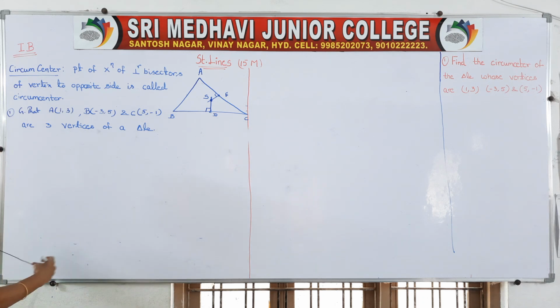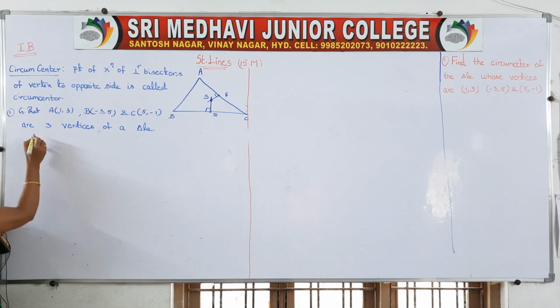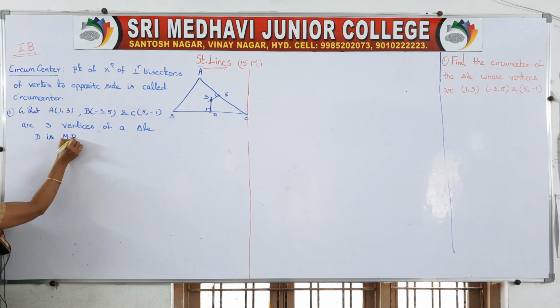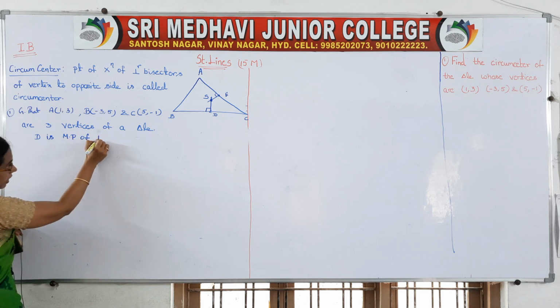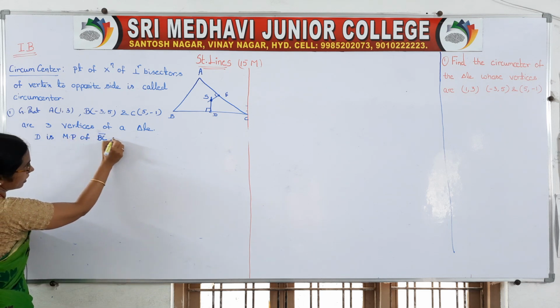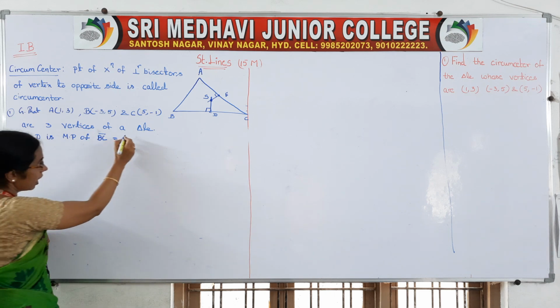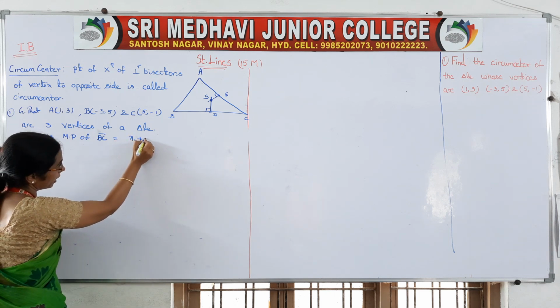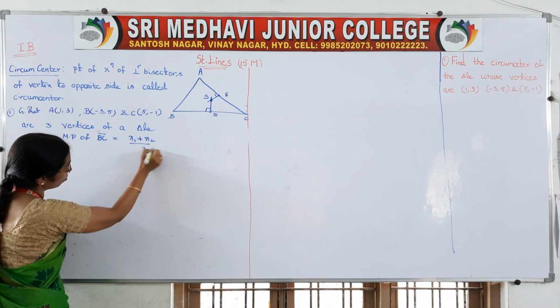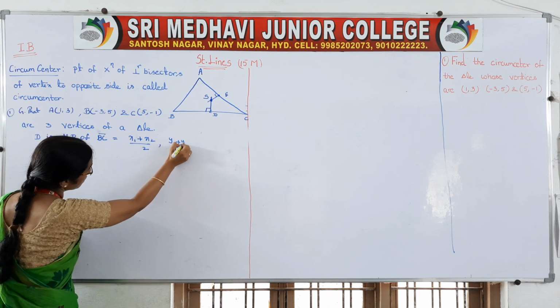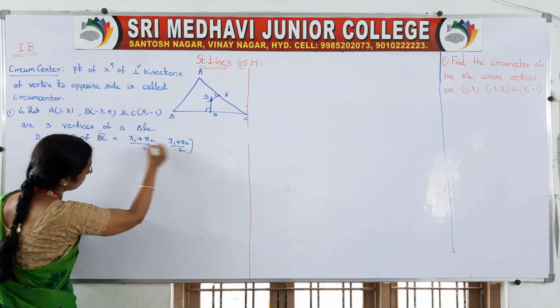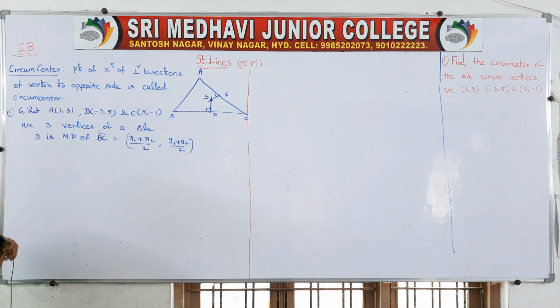So by using the midpoint formula, you find D. D is the midpoint of the line BC. You know your B point, you know your C point, and you know the formula for the midpoint: (x1 plus x2) by 2, (y1 plus y2) by 2.